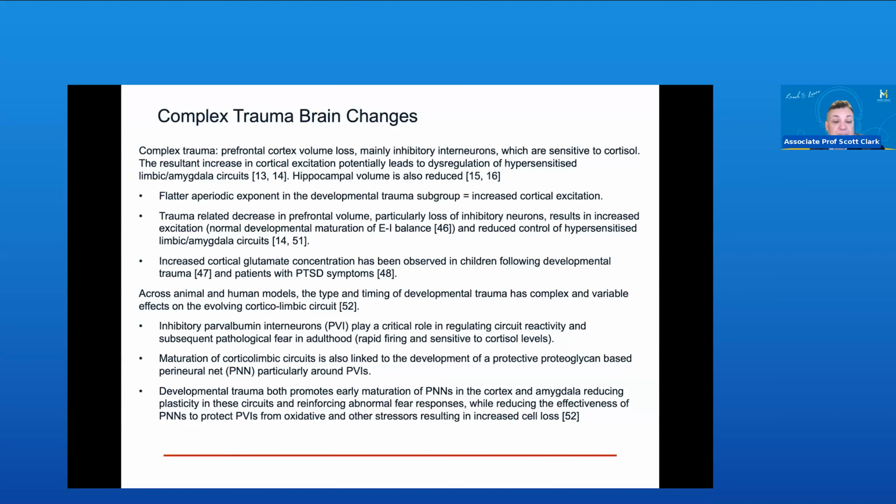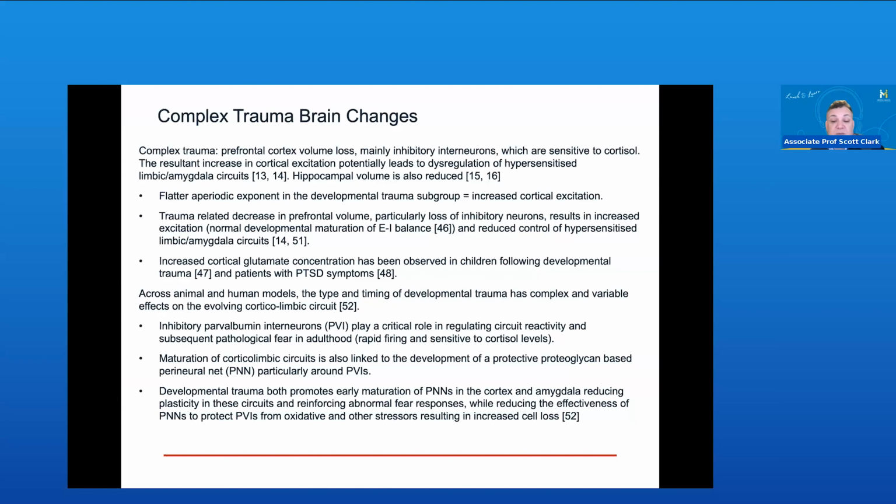And I guess there are also protective proteins that cluster in a net around developing circuits. And trauma can also influence these perineuronal nets and cause abnormal fear responses to become fixed.